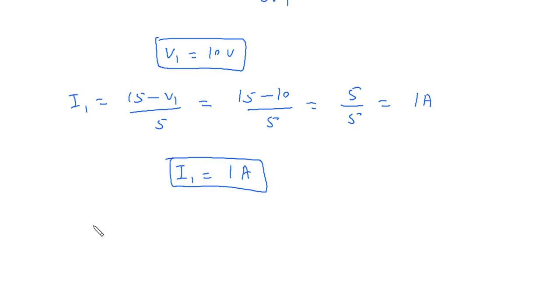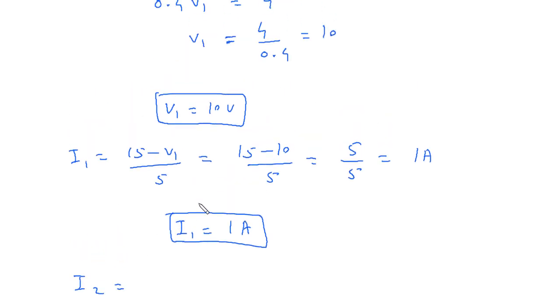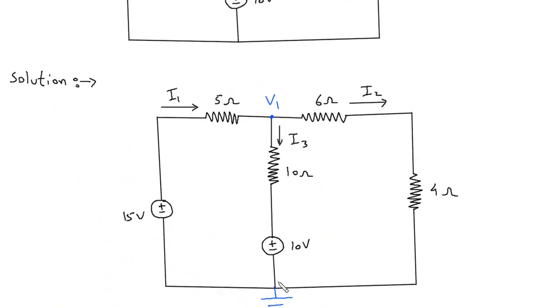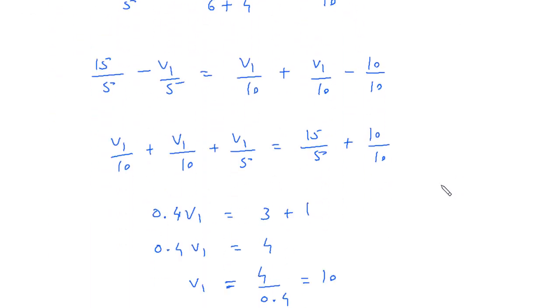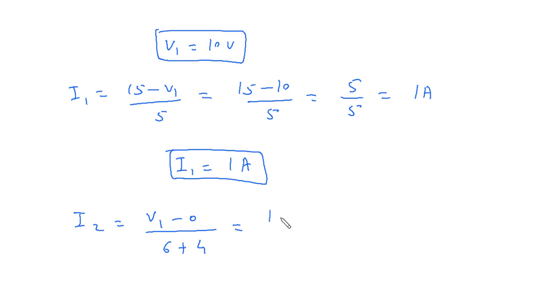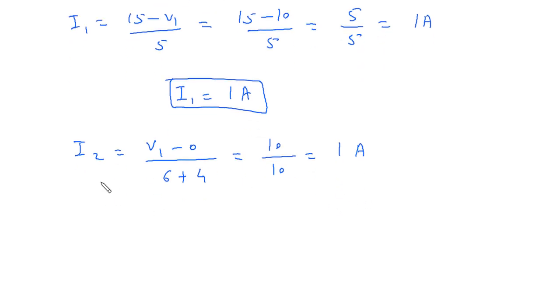Now I2 is equal to (V1 minus 0) upon (6 plus 4), that is V1 is 10 upon 10, which is equal to 1 ampere. So I2 is 1 ampere.